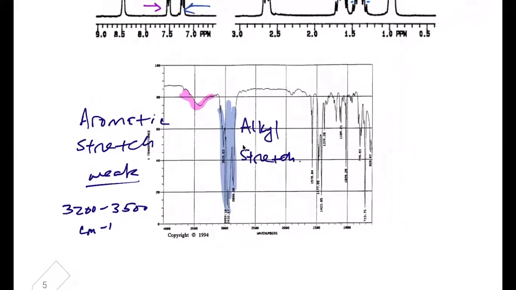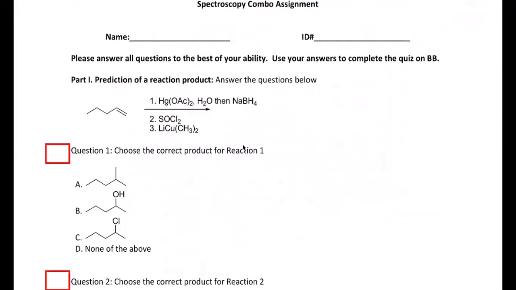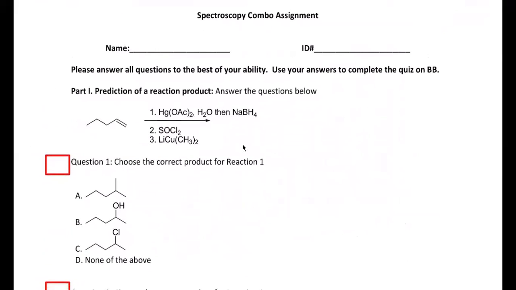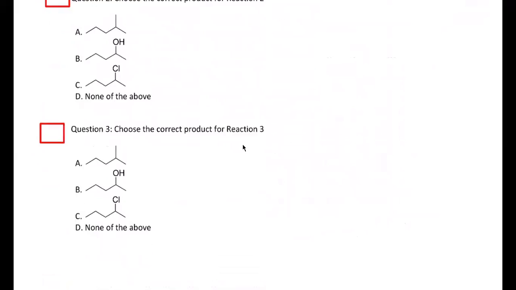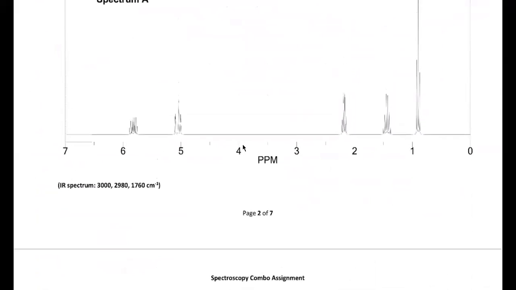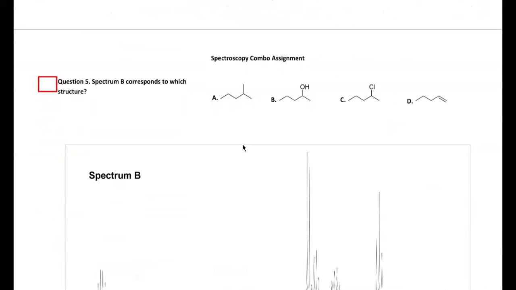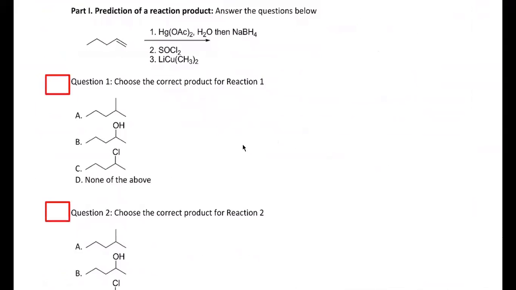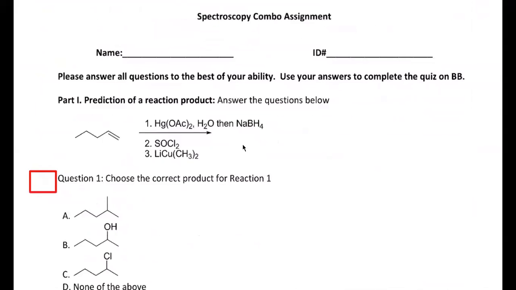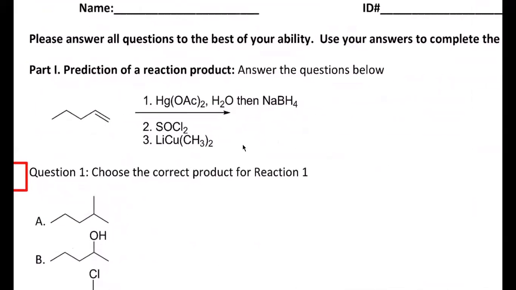All right, let's do, much time? Oh yeah, we got time. All right, let's take this example right here. So we're gonna pick the products and then we're gonna match the products up with the NMR spectrum. All right. So if you look at this reaction sequence, the first reaction is oxymercuration.